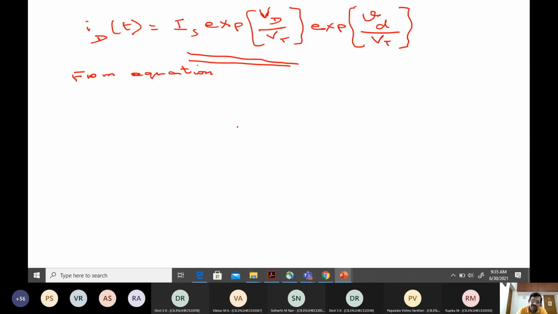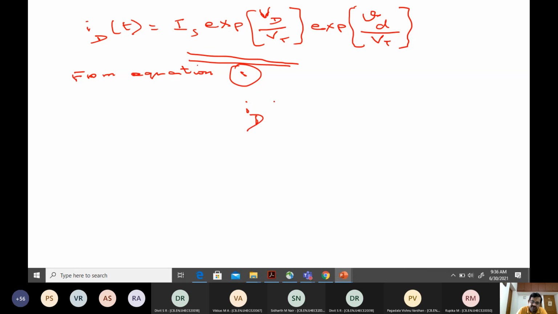So from equation 1, we can say that this term, capital I_s exponential capital V_D by V_t, is the DC current that flows through the diode, the steady state current.